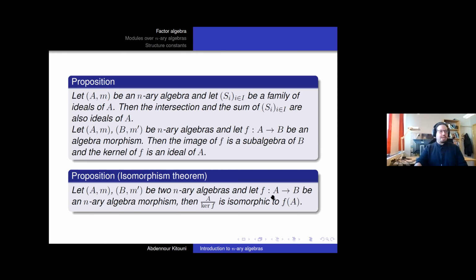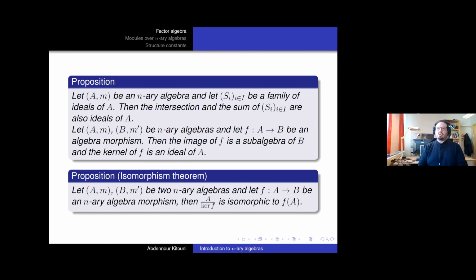So if you take two n-ary algebras and a homomorphism F between them, then A factored by the kernel of F is isomorphic to the image of F. So the proof follows more or less the same idea we usually have with the isomorphism theorem with rings.